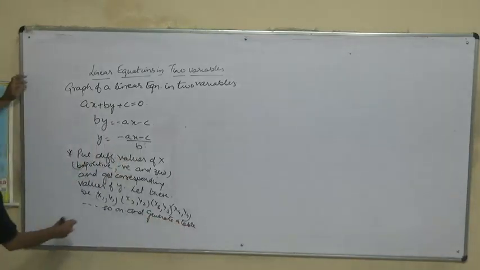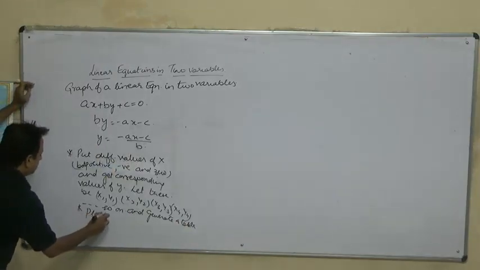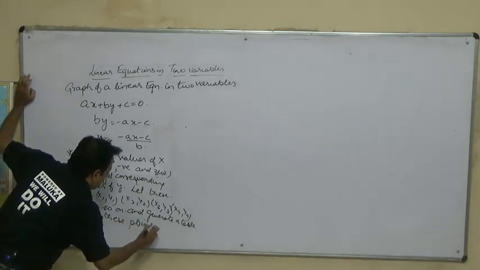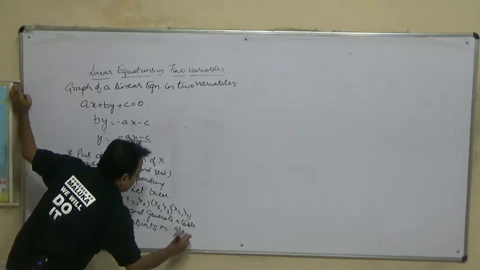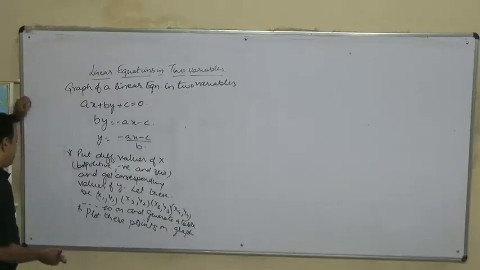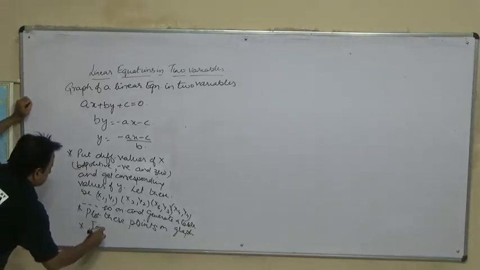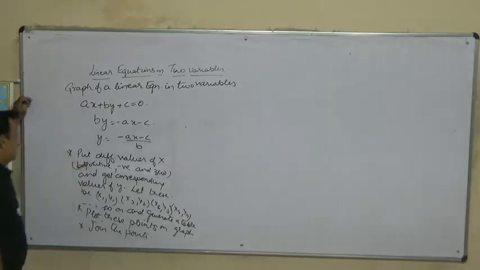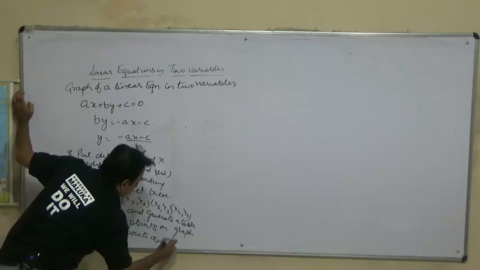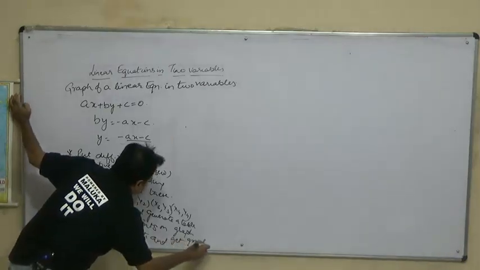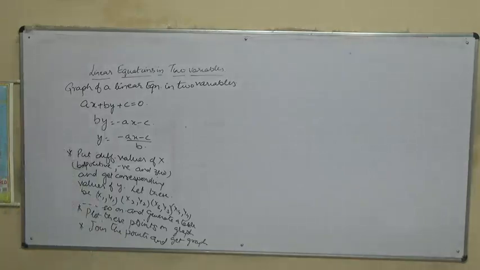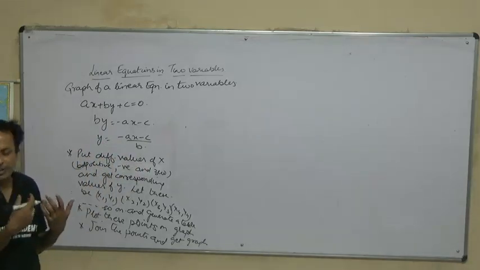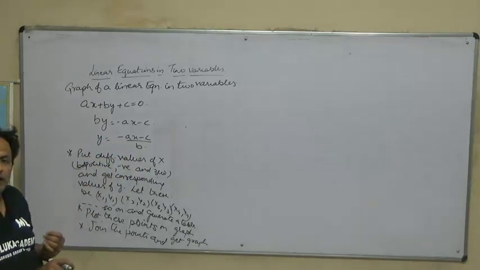Now the second step is, plot these points on graph paper, join the points and get the graph. So in this case, we will express y in terms of x, or it may also be the other way around, x in terms of y.